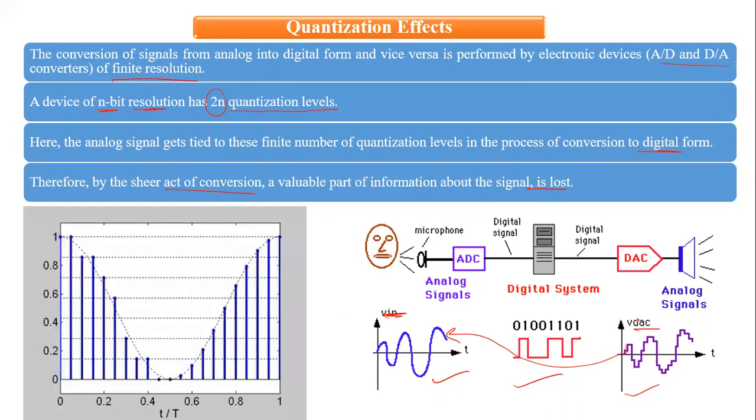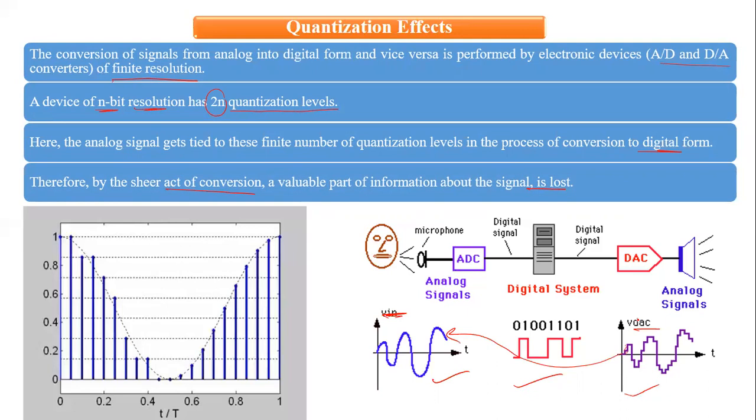So sampling and quantization are inevitable. We need to do sampling as well as quantization for converting any analog signal into a digital signal, but these processes have certain issues, so we need to address those issues.